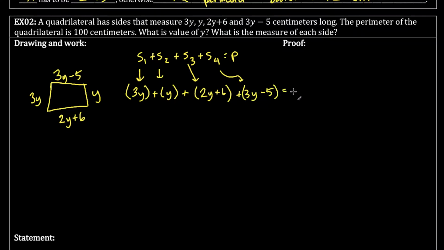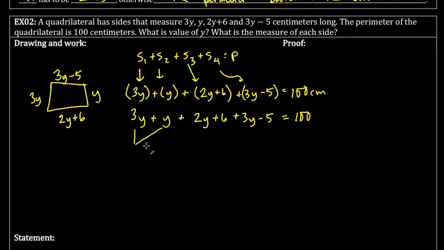We should get the perimeter, which is 100 centimeters. Let's drop these parentheses because they don't make a difference in terms of calculations. Now before we solve, let's go ahead and combine like terms.